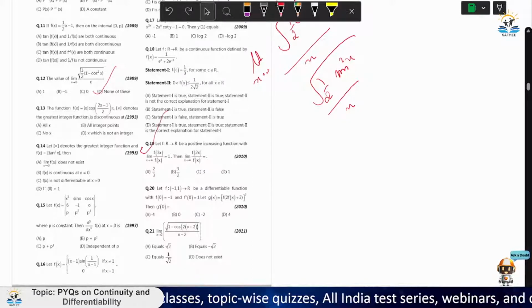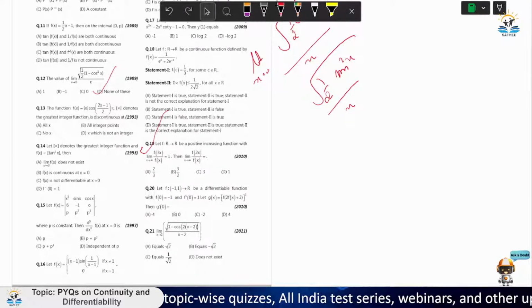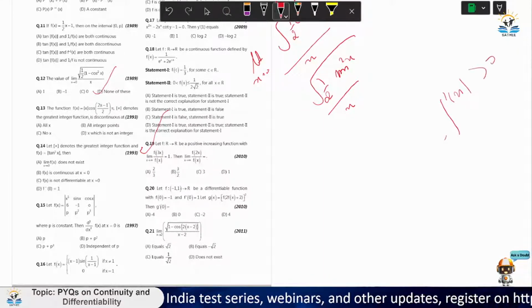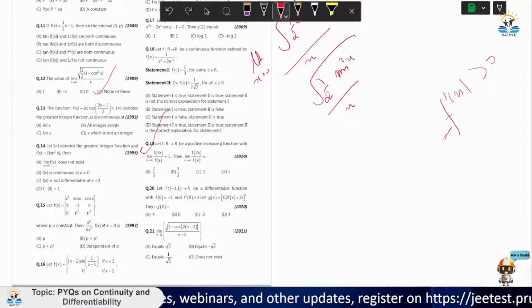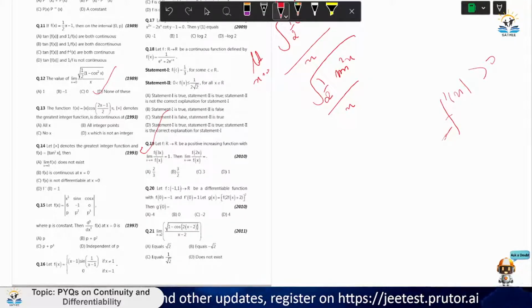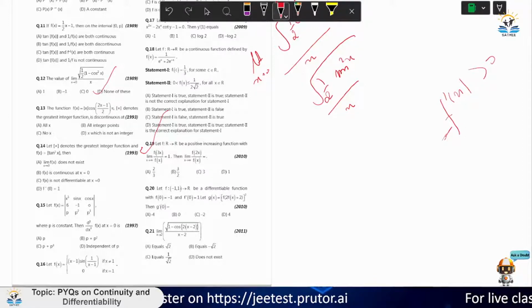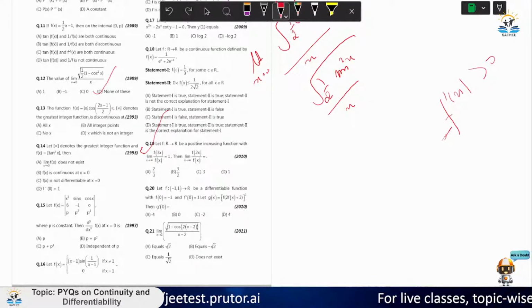Let's do the 19th one. If my function is defined from real to real and it is a positive increasing function, positive increasing function means f dash x is always positive. See, there is a very direct approach to this question.